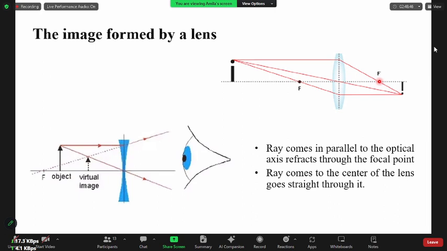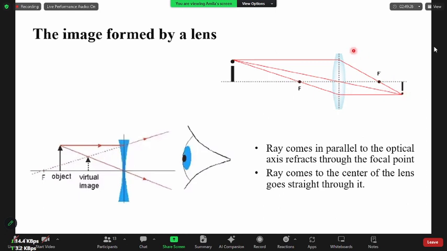And a ray that comes to the center of the lens goes straight through it. If the light ray comes like this, it will go straight through the lens. And if you mark the same focal distance on the other side of the lens, and the incident ray passes through this focal point, after refraction it will go parallel.